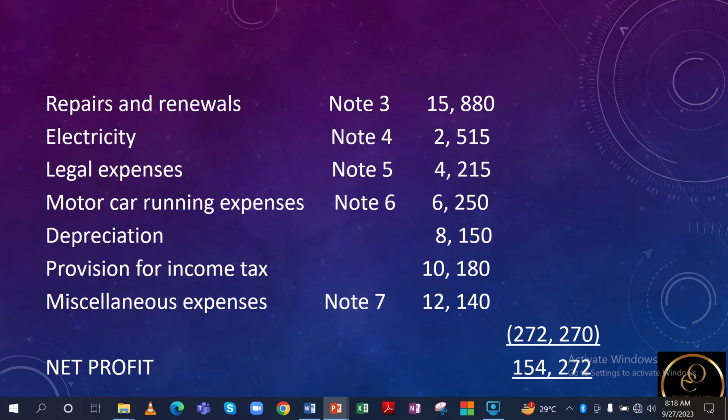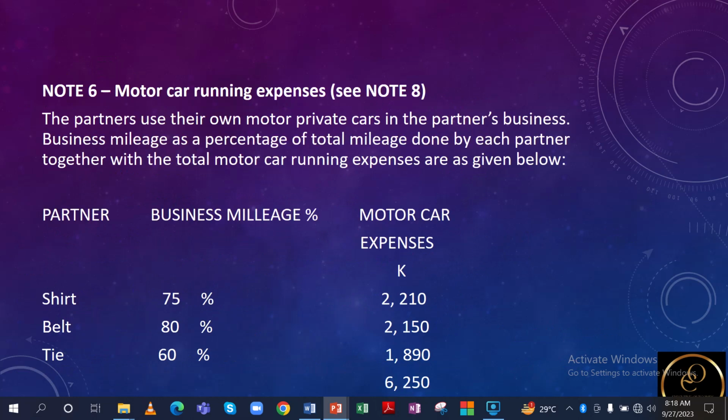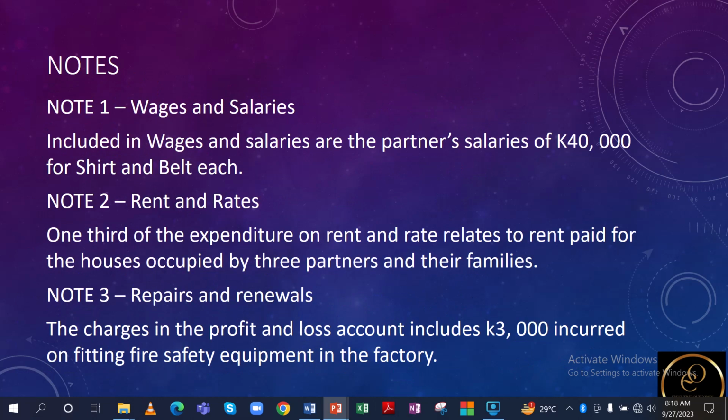What does it say? Go to note 1 to guide us. Note 1 tells us that included in wages and salaries are partner salaries of 40,000 for Shed and Belt each.